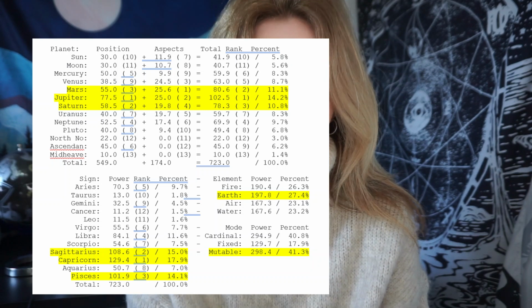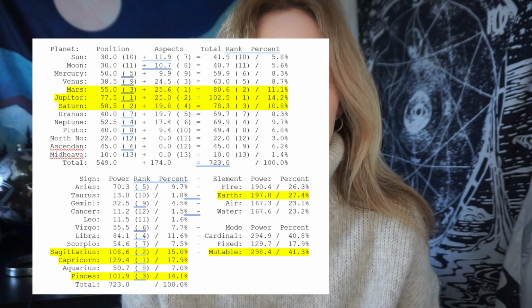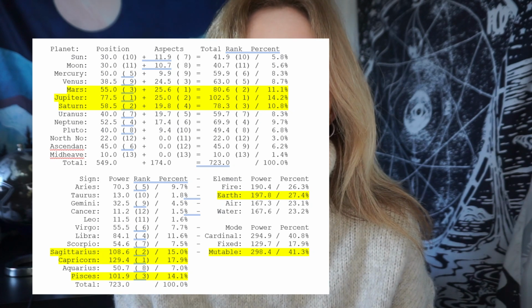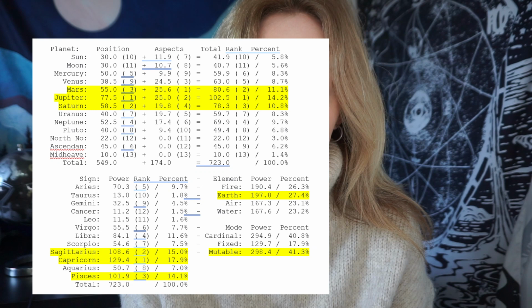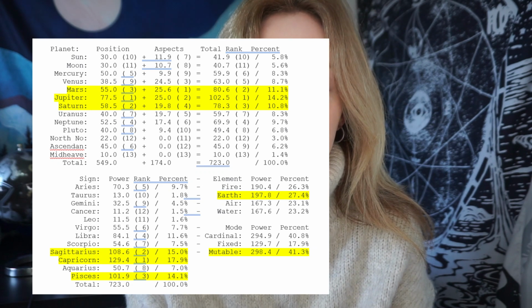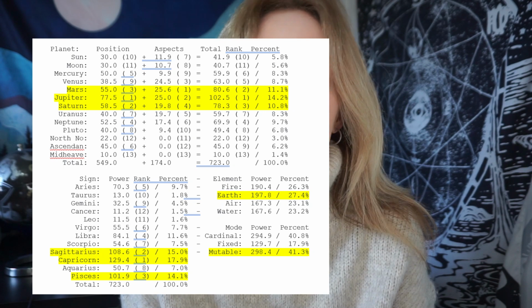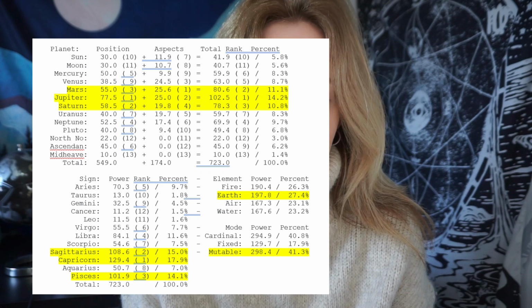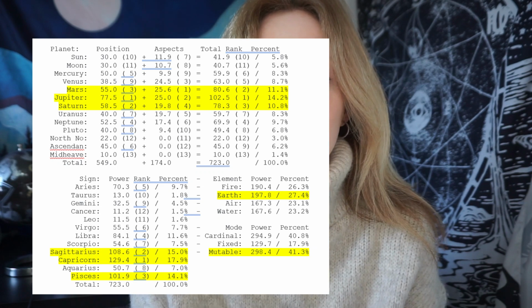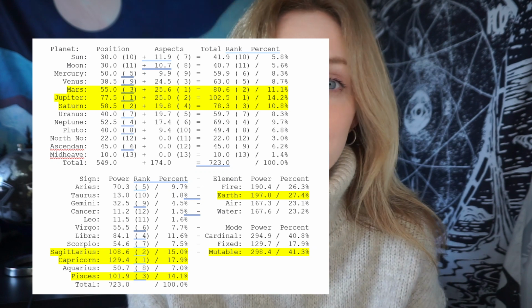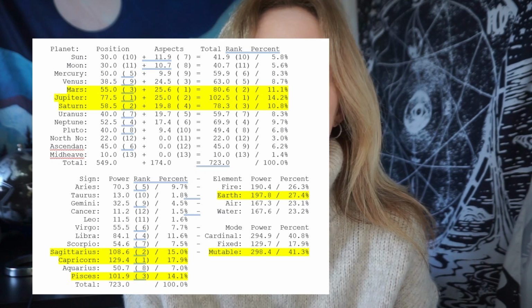So as you can see from this example that I'm showing you, my most dominant planets are Jupiter, followed by Mars, followed by Saturn. And the most dominant signs here with this example are Capricorn, Sagittarius, and Pisces. You can see that my most powerful element is Earth, and my most powerful modality is mutable.